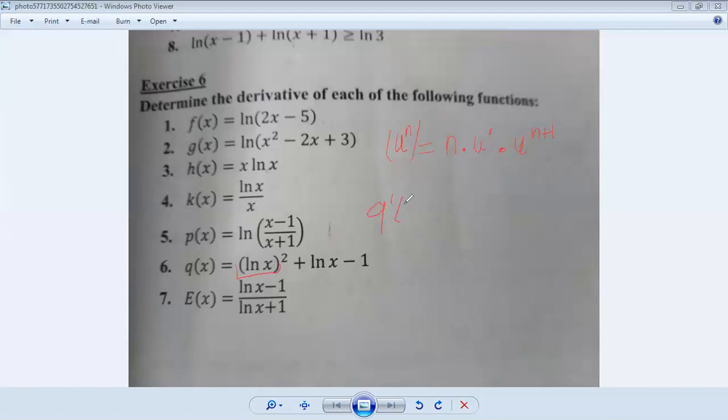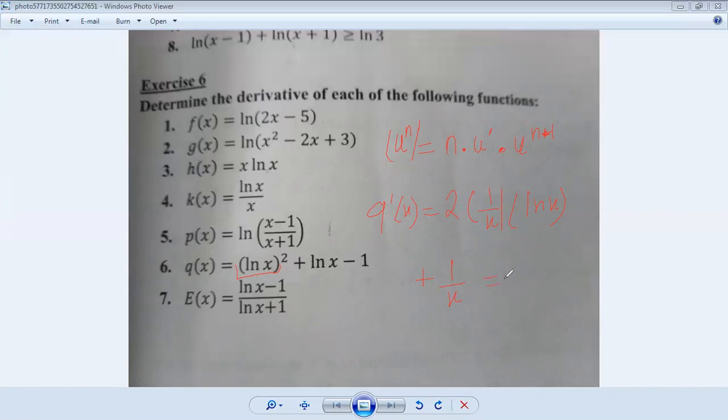Then q prime of x is equal to 2 times u prime, the derivative of ln x, which is 1 over x, times u to the power n minus 1, which is 2 minus 1, so ln x, plus the derivative of ln x, which is 1 over x, minus 1 is a constant, and the derivative of 1 is 0.